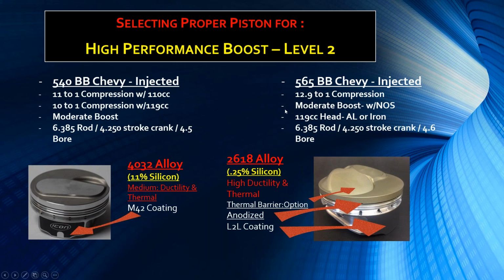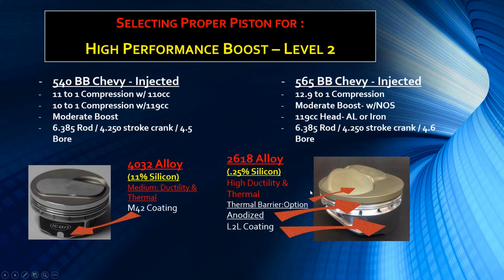Now, on the big bad boy here, where you get nitrous action, the 565 big block Chevy injected, you go to the 2618 alloy, the low silicon. It gives you high ductility. It can handle those concussive forces and the pressures that build up in that race application.